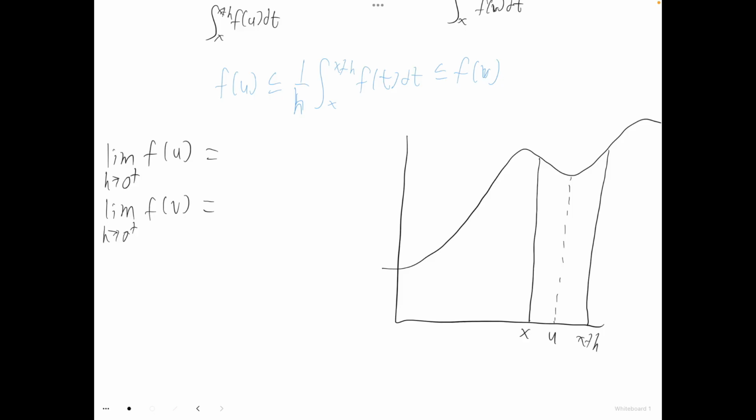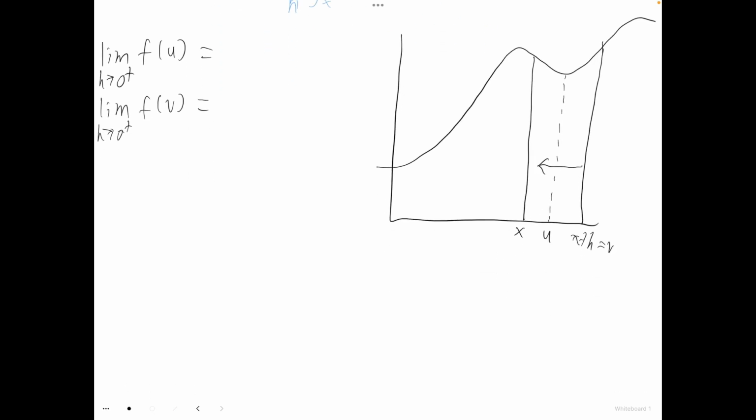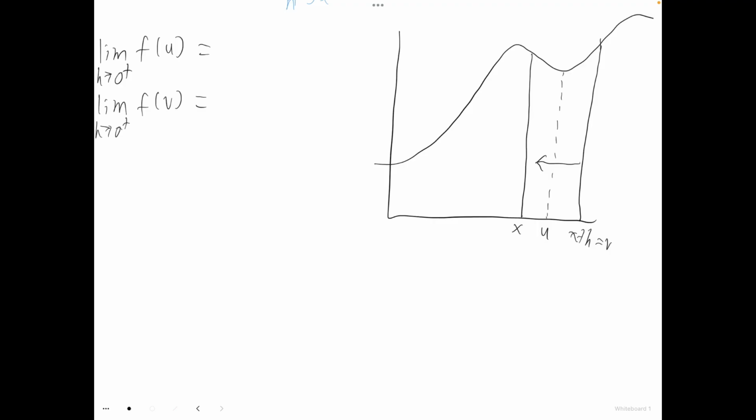So u is right here, and v is probably the same as x plus h in this picture. But as h goes towards 0, we're going to be shrinking this down, collapsing this interval so it's getting smaller and smaller. And so in some sense, u and v, which are the x coordinates for the minimum and max, are going to get collapsed down on top of x, because we're shrinking down the picture.